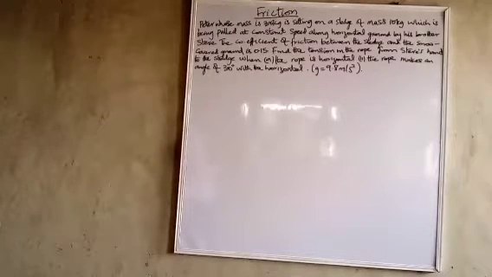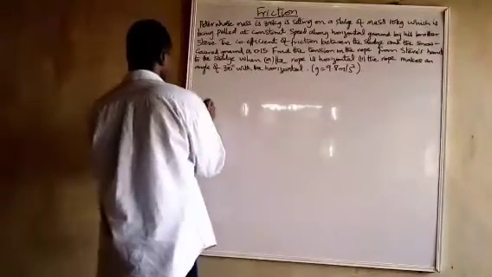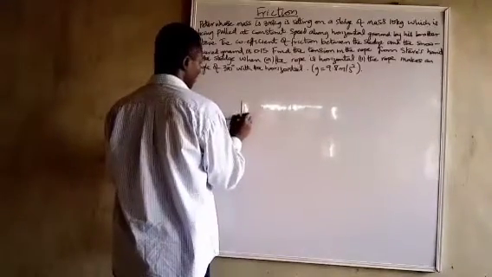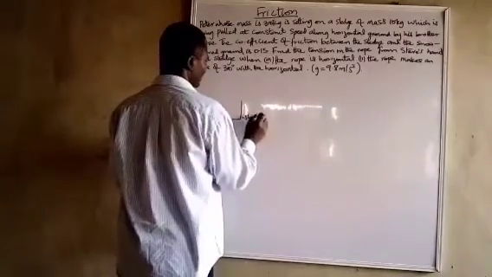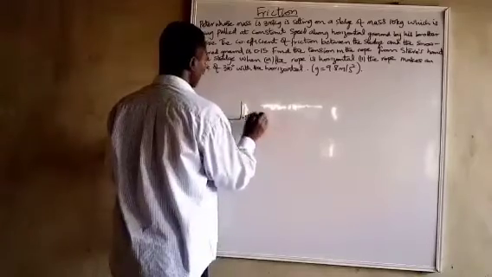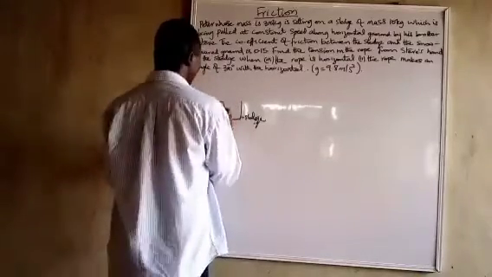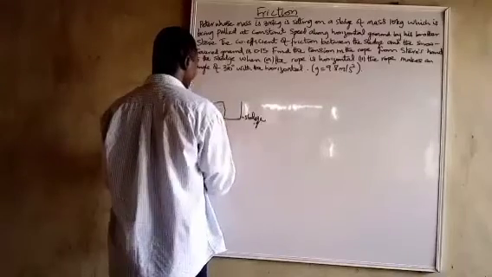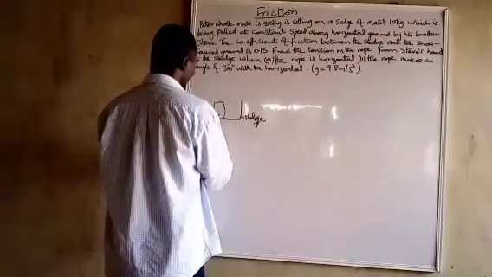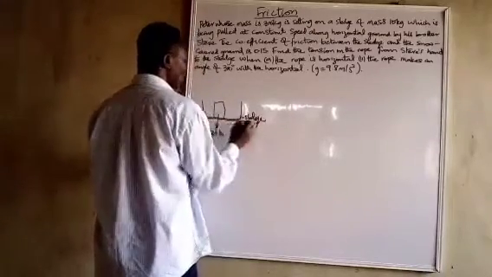Now we have a situation like this. This is the sledge, and we have Peter on it. So the total mass here is 30 plus 10, and it's now being pulled on an ice-covered ground.